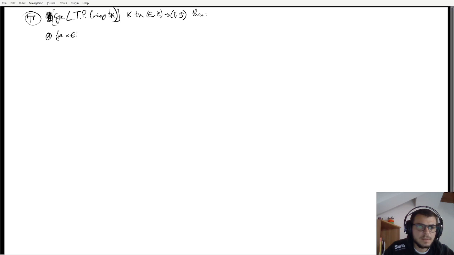for any x in E, we have capital Kf of x, which is the integral over E of mu dx, f of y, k of x dy.